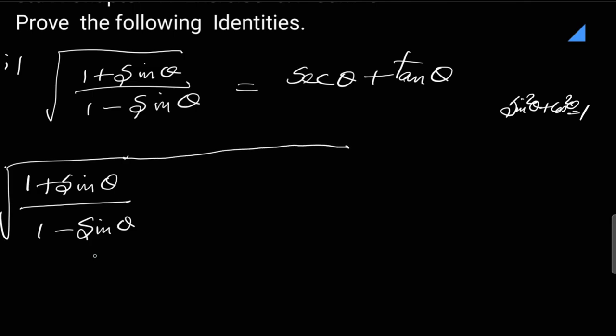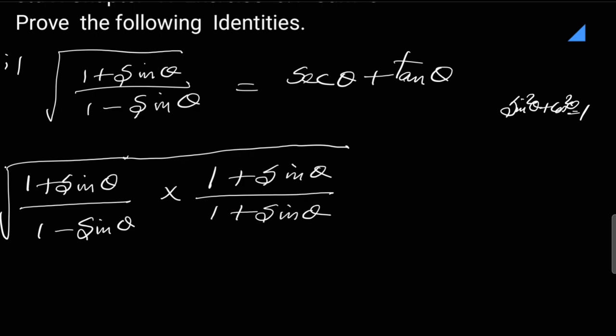So, what I do, I am going to see the denominator 1 minus sine theta. The conjugate of this, 1 minus sine theta, is 1 plus sine theta, so I multiply both numerator and denominator by 1 plus sine theta. Take the conjugate: minus becomes plus.